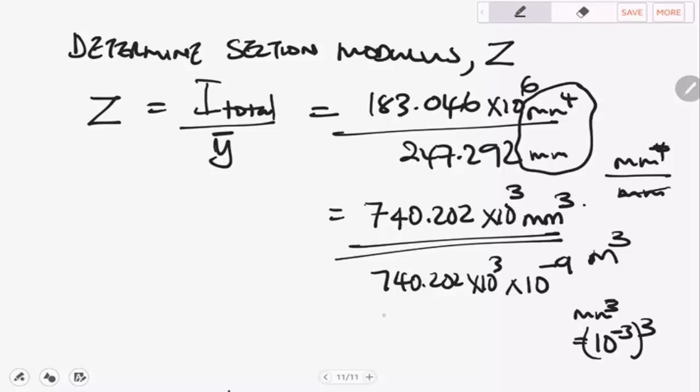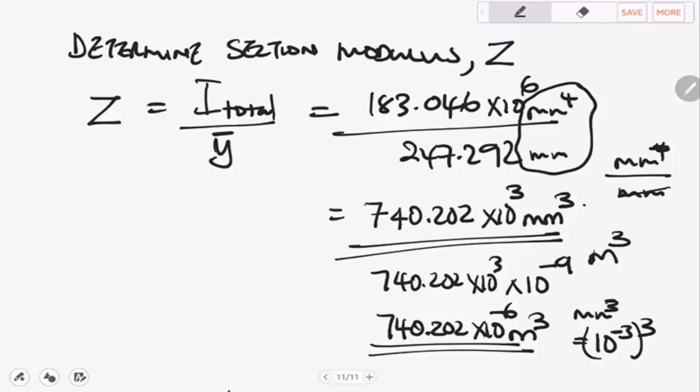So it then becomes 740.202 times 10 to the power minus 6 meters to the power 3. If you want to express it in meters to the power 3, this is how you have to do it.